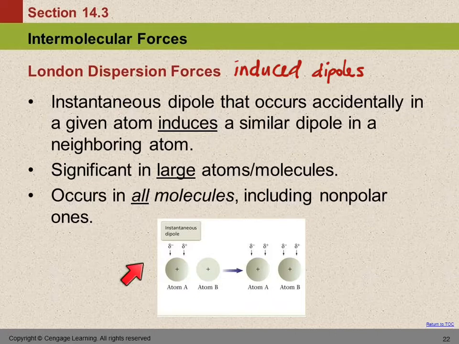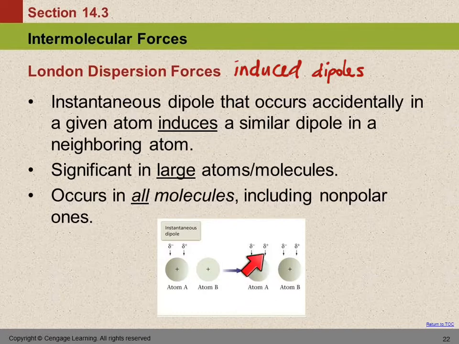Well, what happens when all the electrons, or more of the electrons, are on one side? That side of the atom becomes partially negative, and the other side of the atom becomes partially positive. This can have an effect on a neighboring atom. So this positive side here attracts the electrons in the neighboring atom and causes them to move over, and this also becomes imbalanced. It gets an instantaneous dipole. This is an induced dipole now, because it was induced by the randomness of this one.